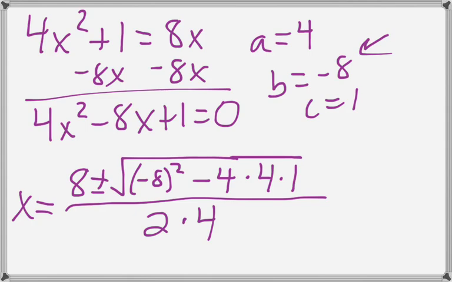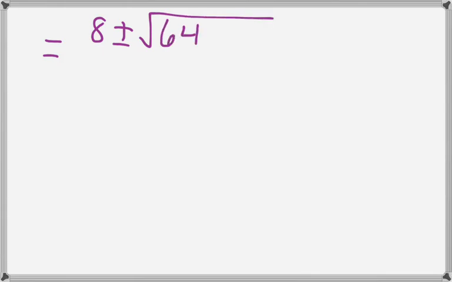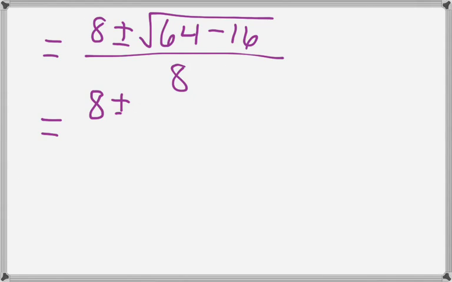So you can do as much or as little of this in the calculator as you want, really. Here we get 64 minus 16 under the square root. So I should correct my statement there when I said you can do as much or as little in the calculator as you want.